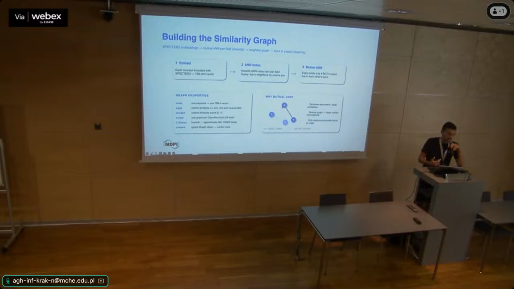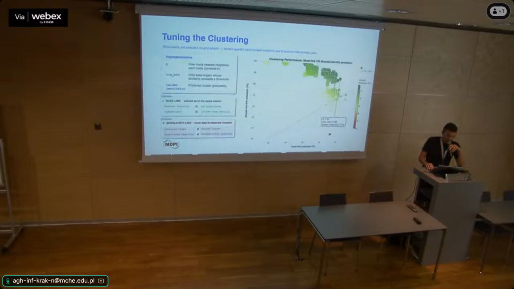In this way, we had a sparser representation, and we could speed up the Leiden model's convergence. We had to define our hyperparameters: K, how many nearest neighbors; the minimum similarity to be kept, the cosine similarity between these nodes; and the Leiden resolution, so how much we wanted to zoom in or zoom out.